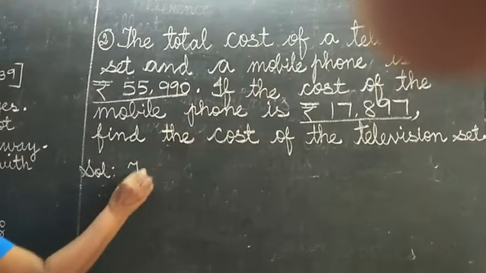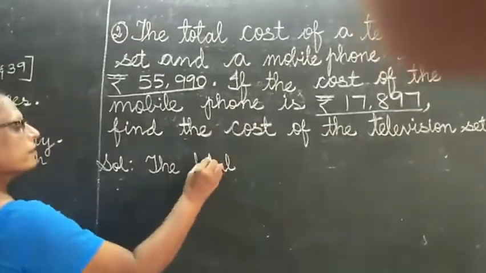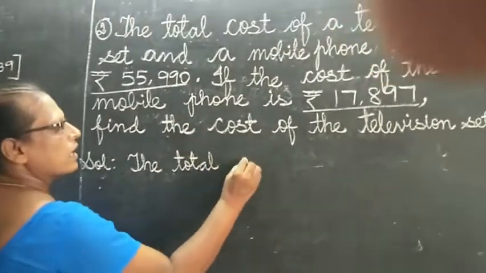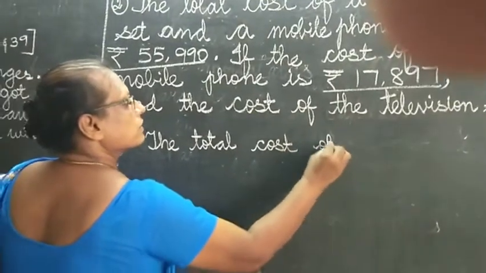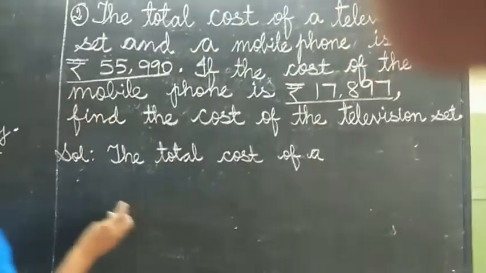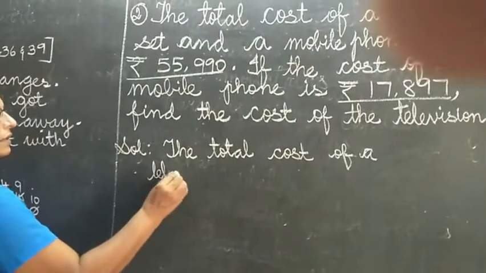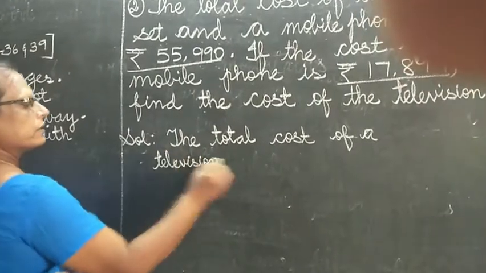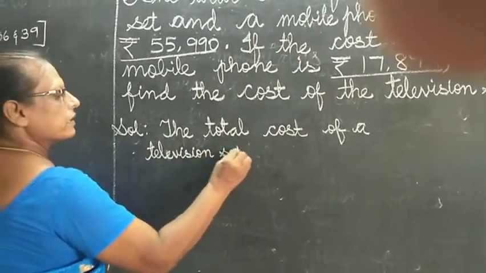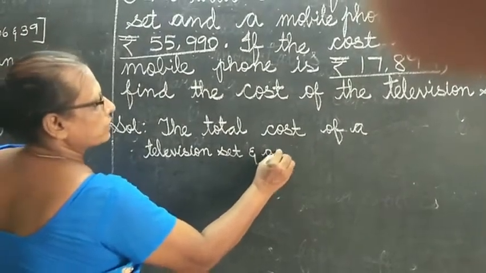The total cost of a television set and a mobile phone.